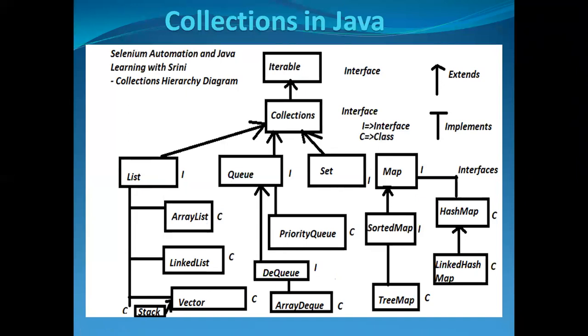So Queue has two types now. If you look at this diagram, there is a Deque, which is an interface. I mentioned the I here, it's an interface. Deque is one specific type of interface where you can even add elements from the other side of the queue. It may not always be from the front side, you can also interact from the other side.